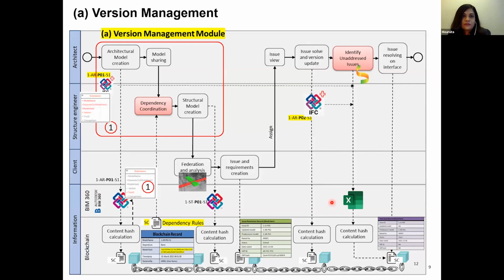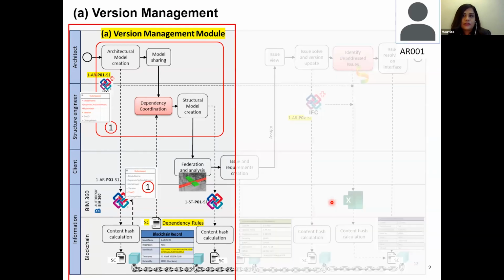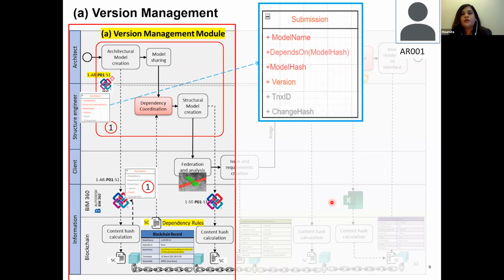Now, we are going to look at the version management module first. So here, this particular example shows that an architect is trying to upload his file using this particular workflow. So this is the input that he needs to provide in his IFC file.